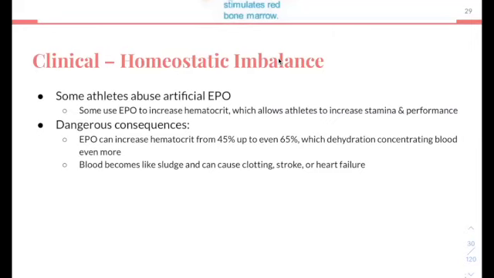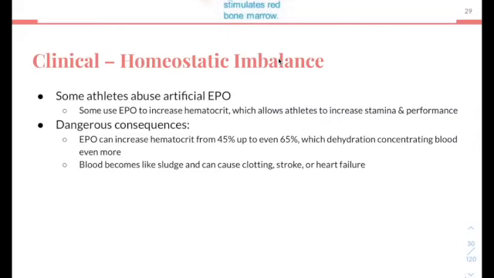So if we have too much erythropoietin, if we go from the 45 up to 65, that actually starts to dehydrate the blood concentration. So blood starts to become like sludge because there's not enough plasma in the blood.